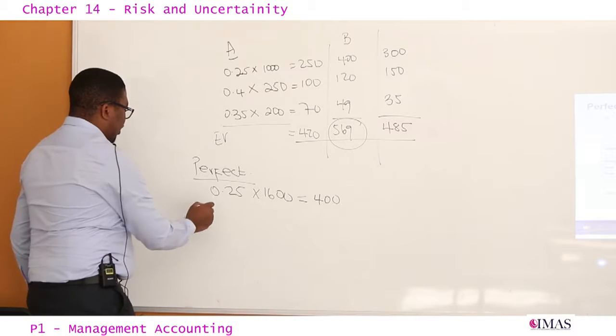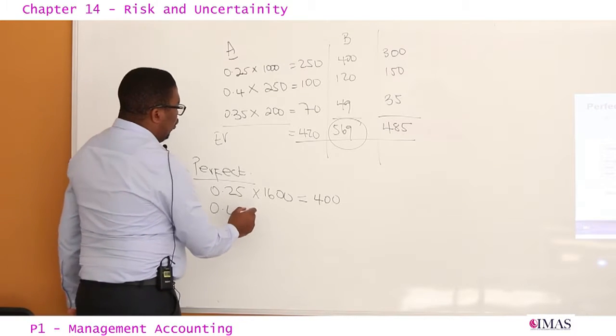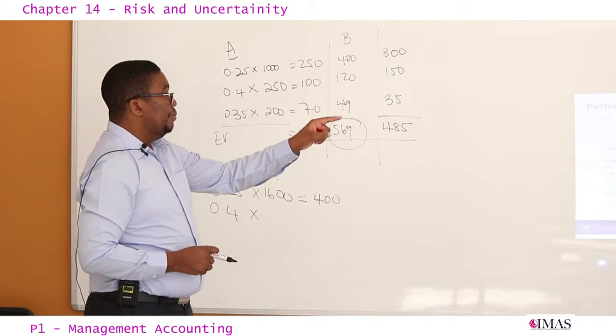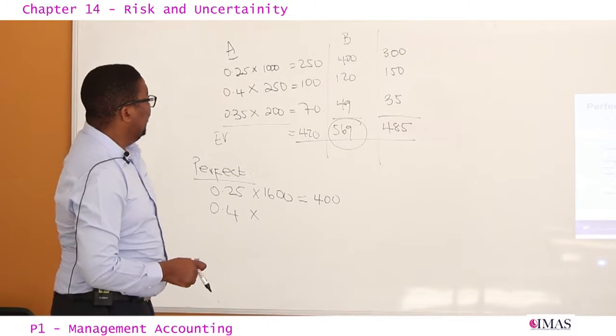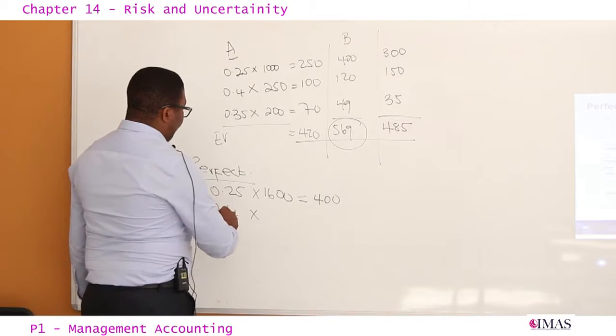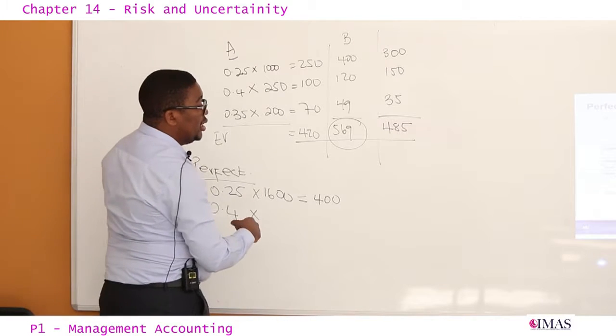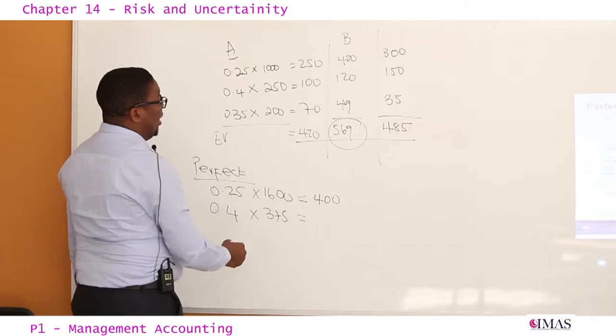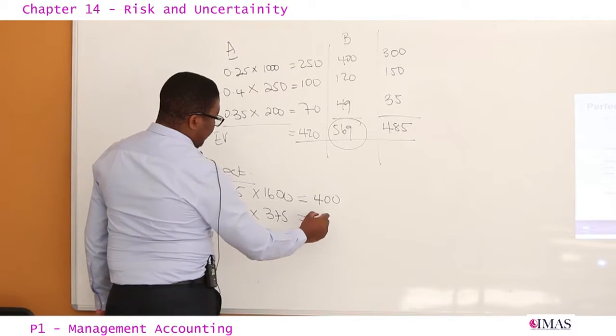which means there's a 40% probability, which project would you have chosen? You would have chosen project C. Okay, project C then will be 40% multiplied by your 375. Then it should give you how much? 150.